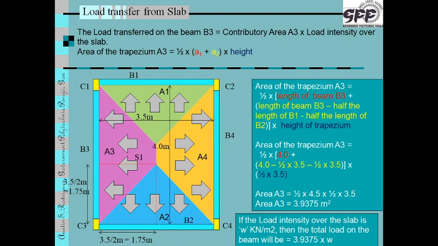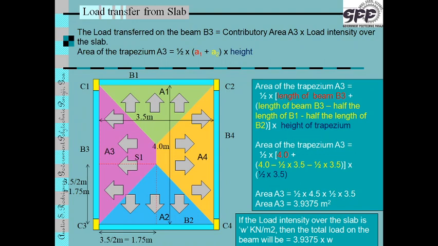As we have seen, the height from the apex of the trapezium to its base is equal to half the length of B1. Substituting that, we get area A3 is equal to half into 4.5 into half into 3.5. So area A3 is 3.9375 meters square.